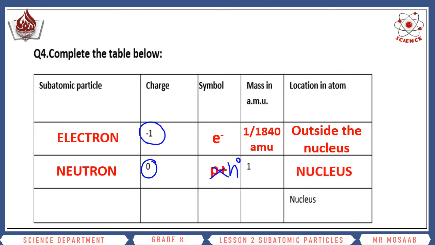Now, it's located inside the nucleus. The third one is proton, positive charge with a symbol p positive. So, those symbols are wrong. Now, the mass of proton is 1 AMU.